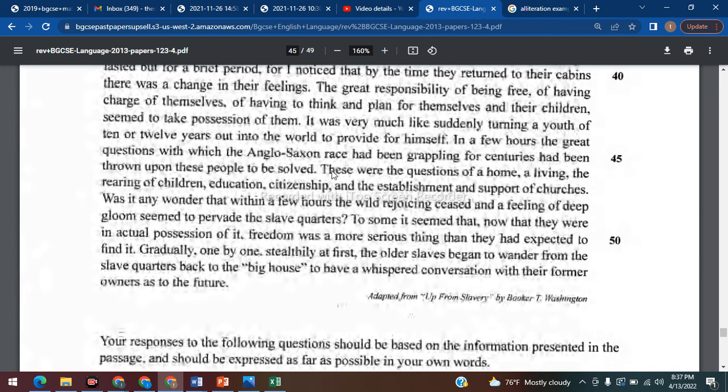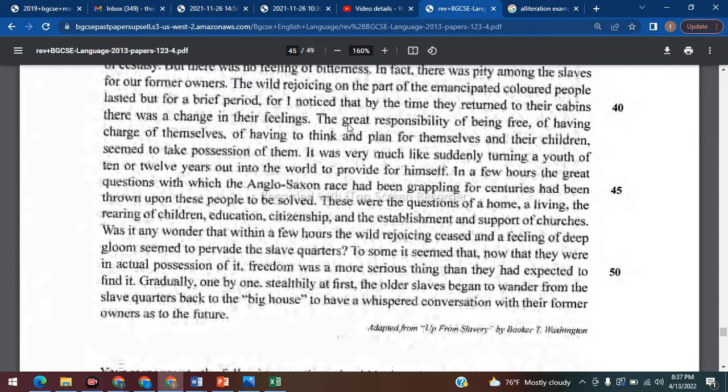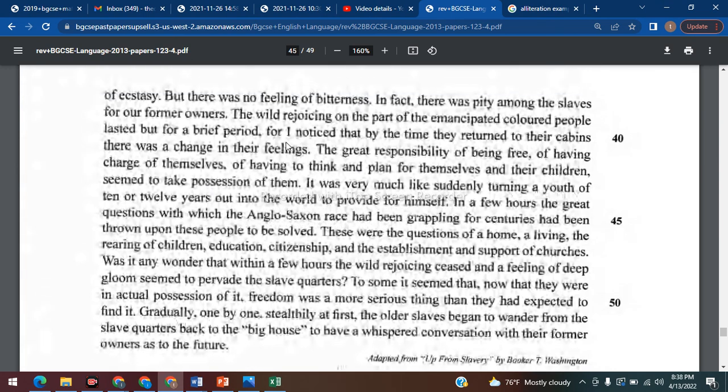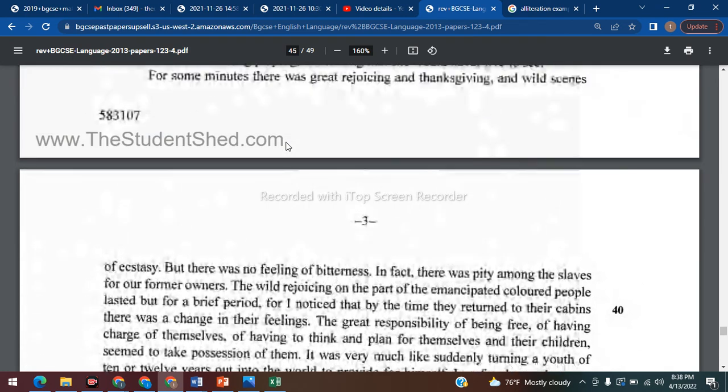That establishes a mood for the reader: boy, I feel sorry for them. Then he said the great responsibility of being free seemed to take possession of them. So it definitely caused the reader to feel sympathetic.